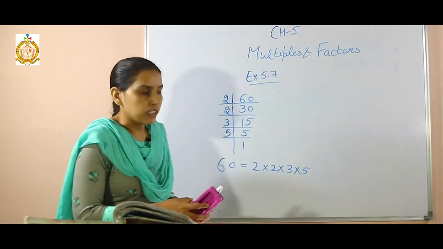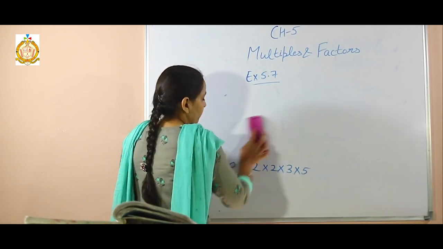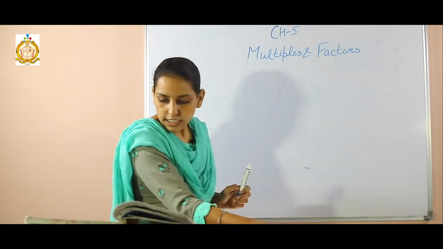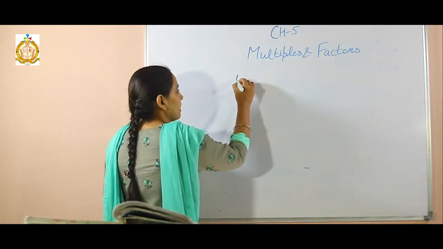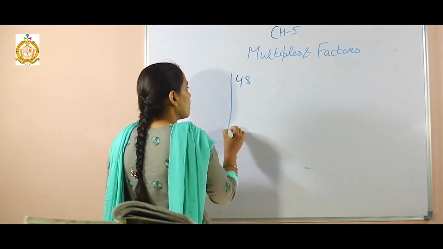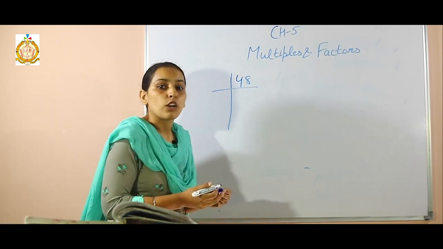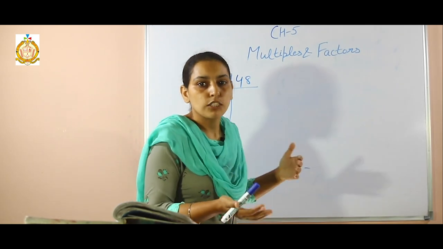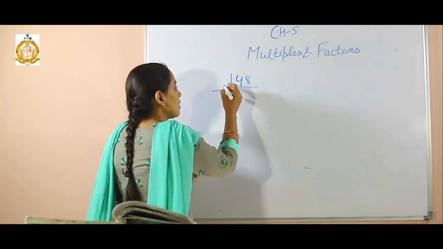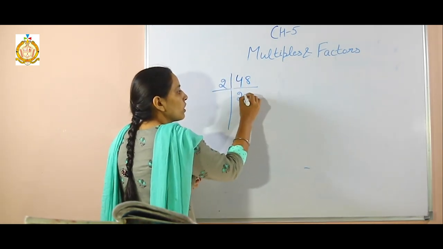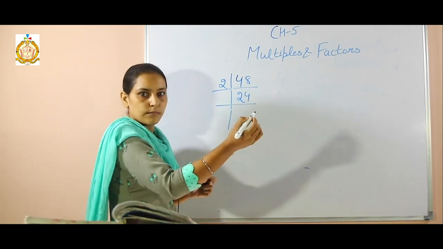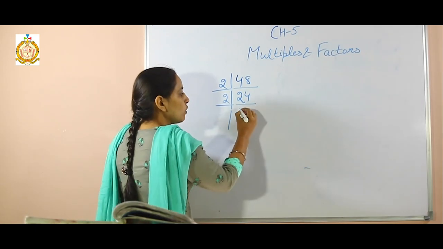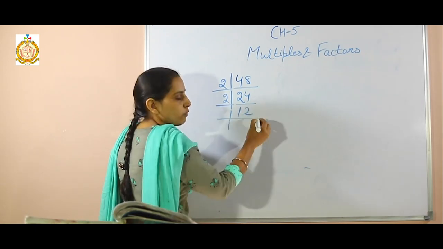Let us solve one another sum so that you can understand easily. Next one is 48. Here students, you have to find out the prime factorization of 48. Students, here the last digit is 8. That means 48 comes in the 2 table. 2 4s are 8. Next, again 24 comes in the 2 table. 2 1s are 2, 2 2s are 4.